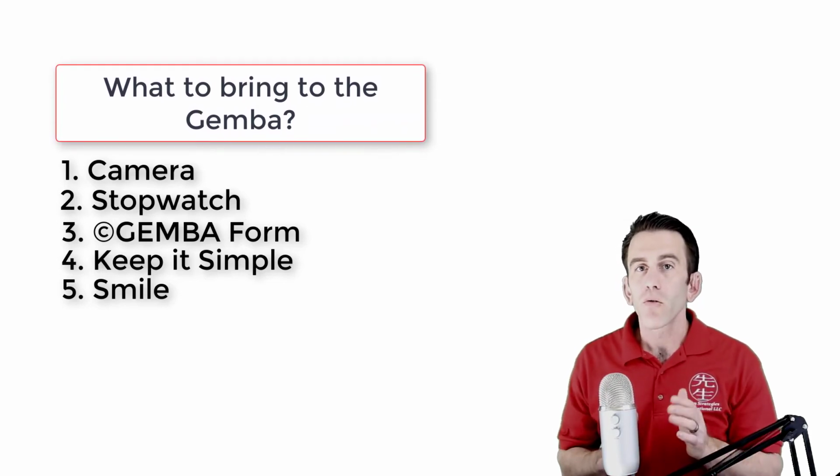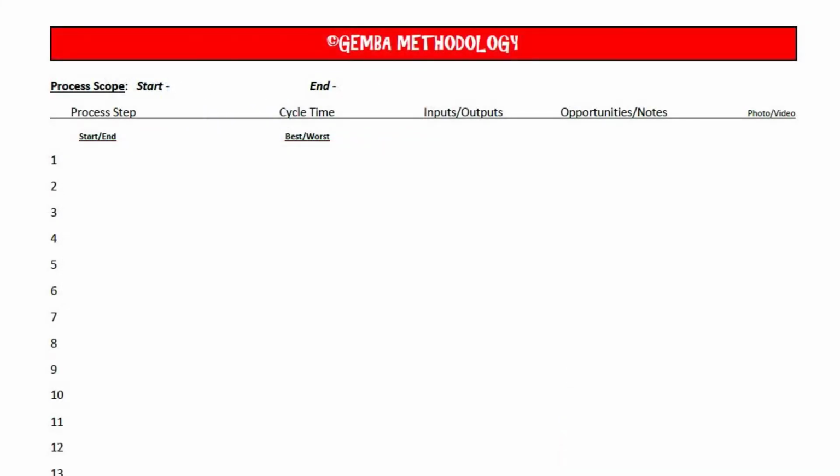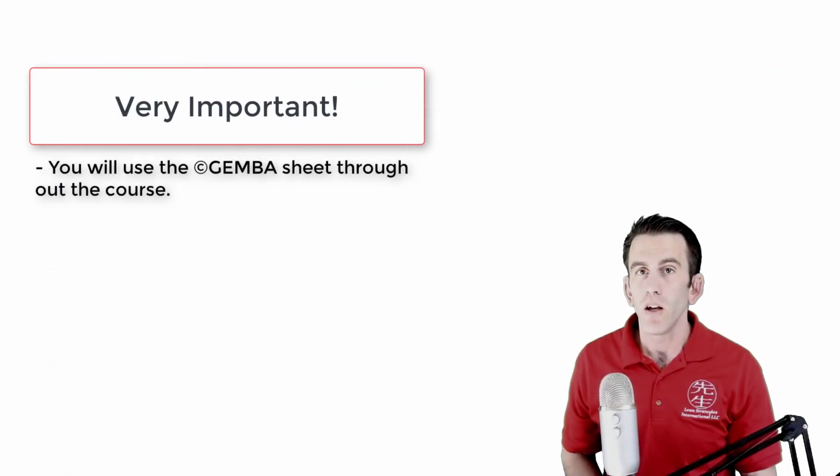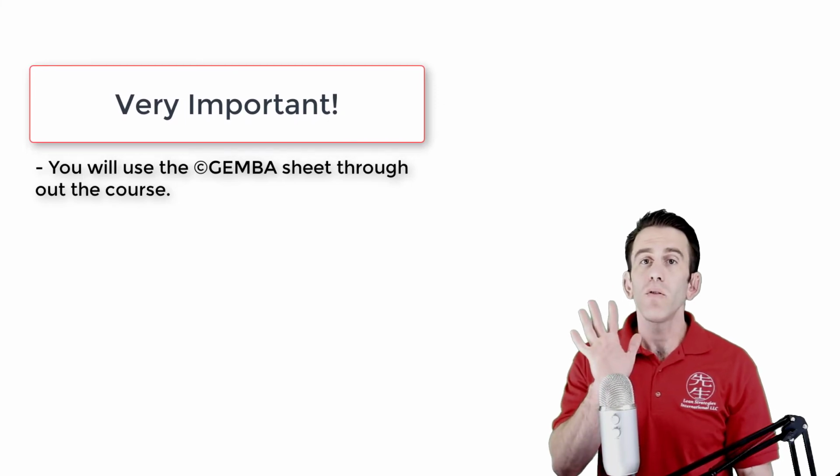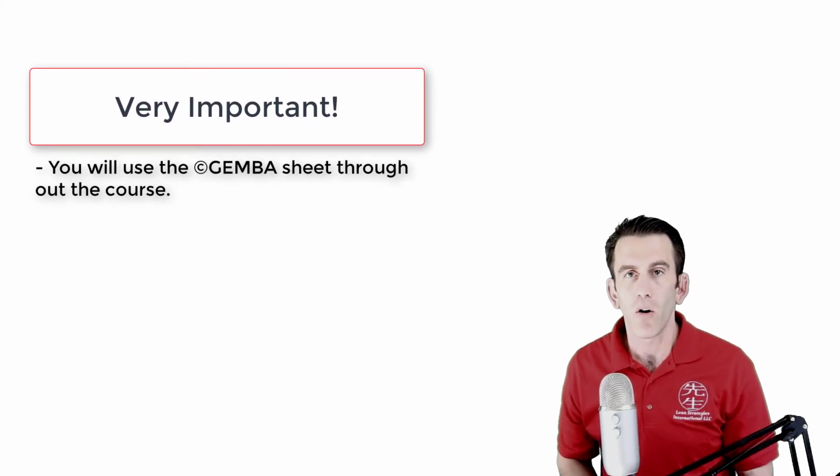Now, on the screen, you will see a sheet for the activity that follows this lecture. You will use this sheet to go and see a process of your own. Although you will not finish the entire sheet in the first section of the activity, you will use this form as you travel through the 5 stages of the Gemba methodology.